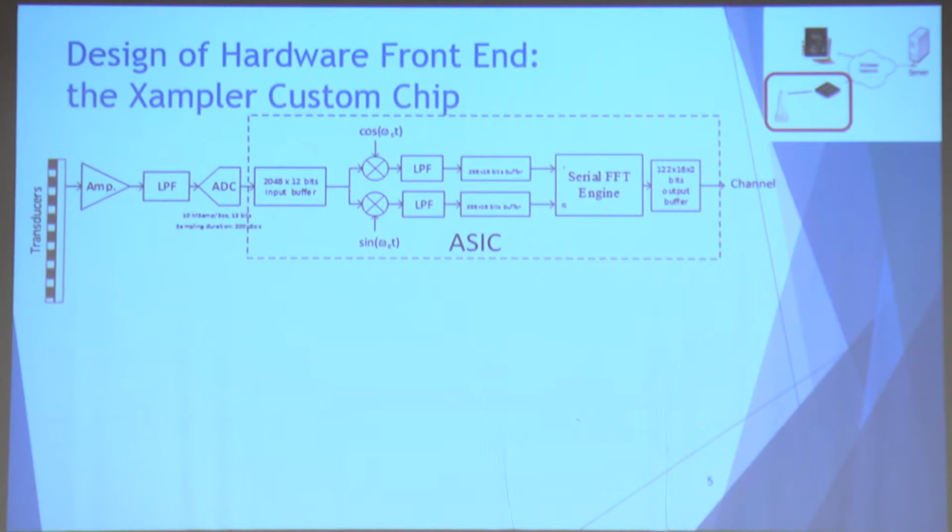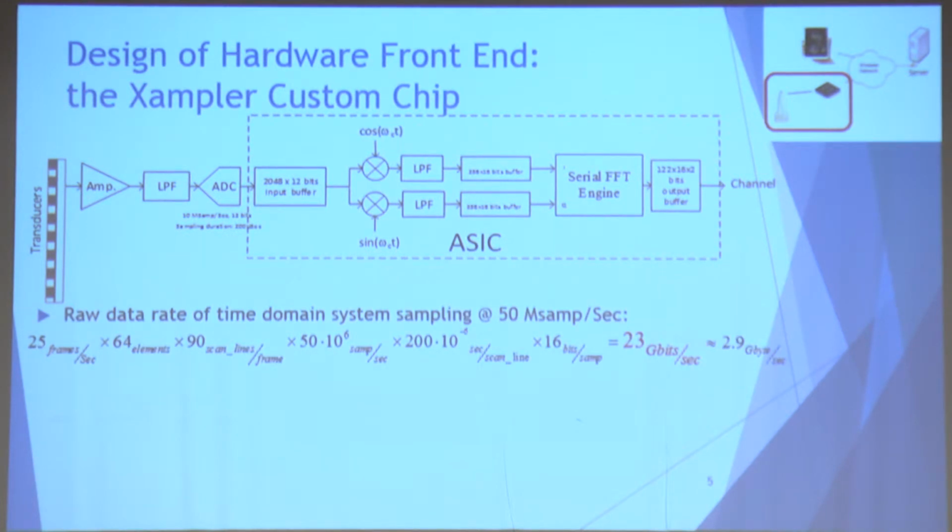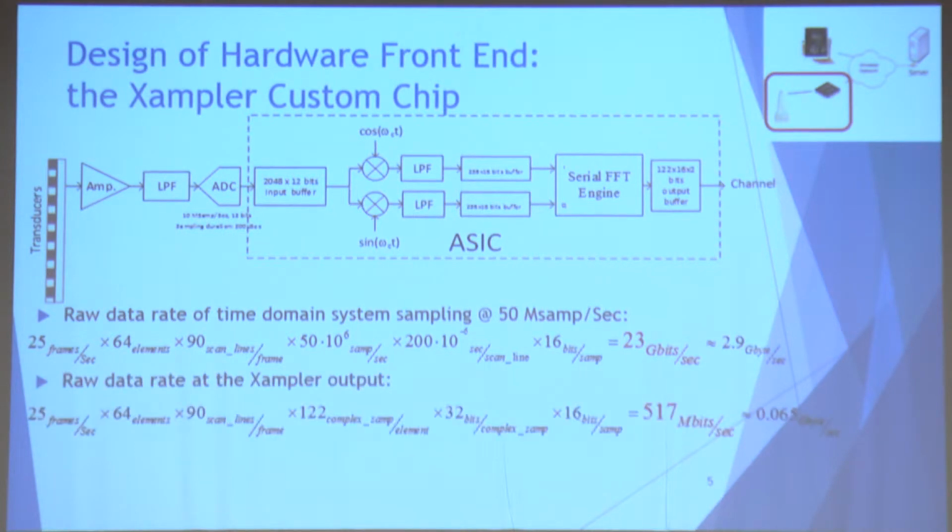Now, if we compare versus the state-of-the-art systems that sample at 50 megasamples per second, in these systems you get 23 gigabits per second to get the imaging in real time, while with the sampler chip it is merely 517 megabits per second, which is a saving of 44 times.